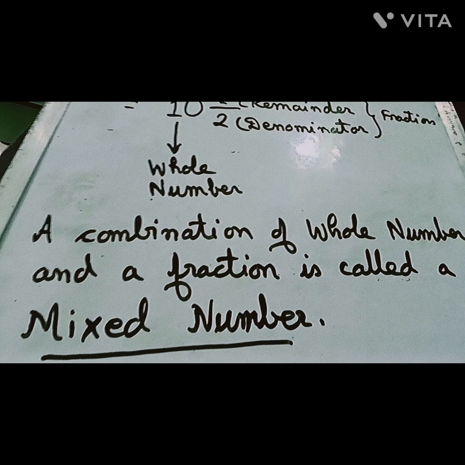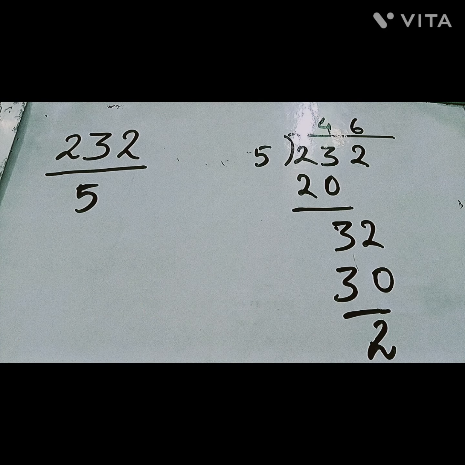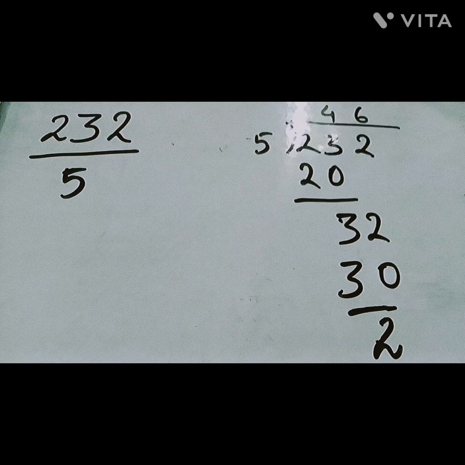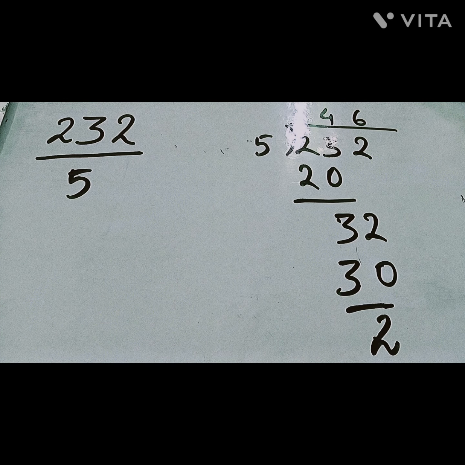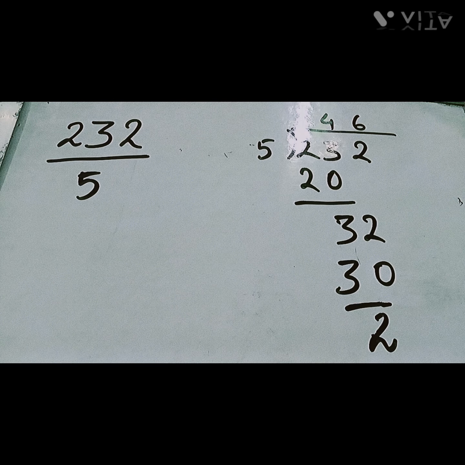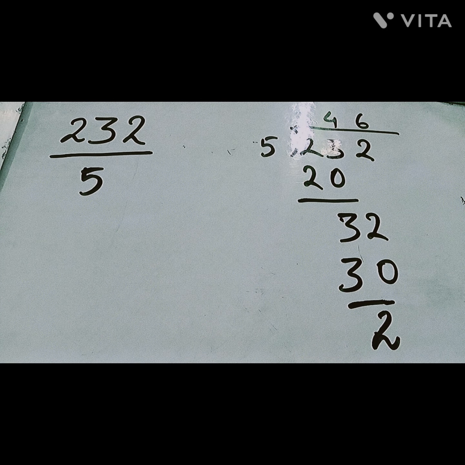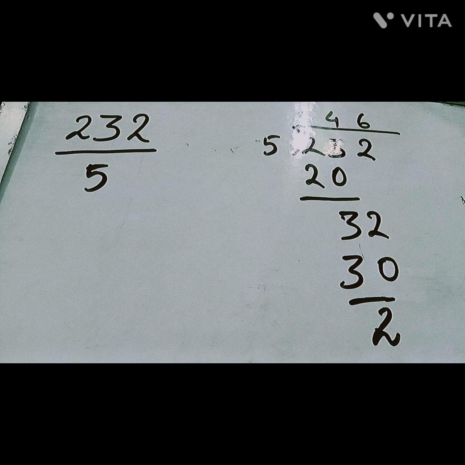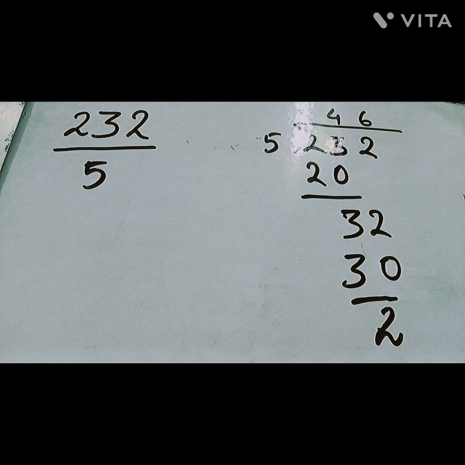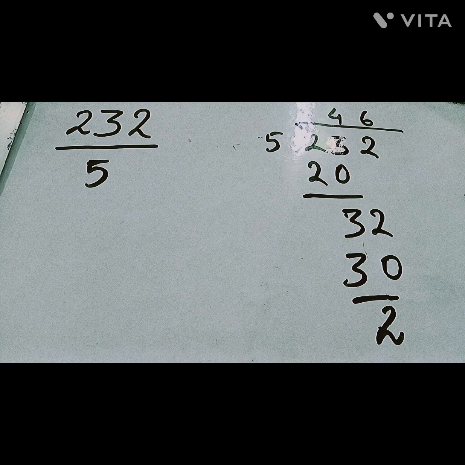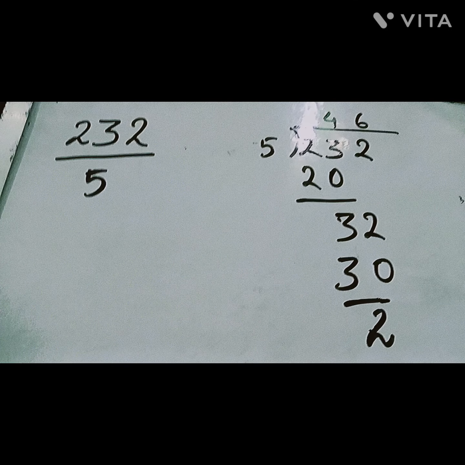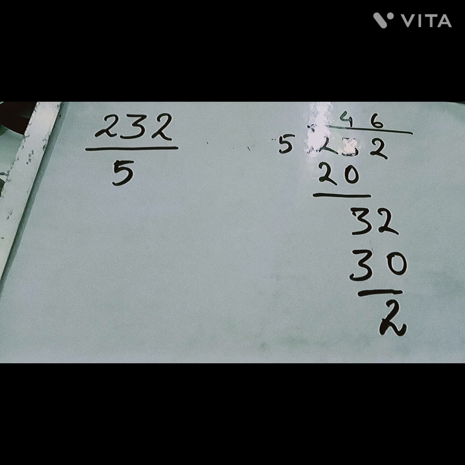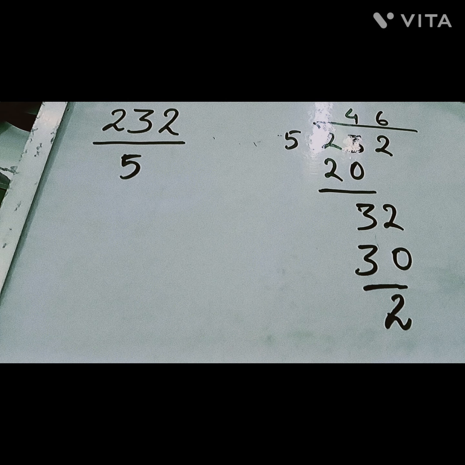Let us understand with the help of another example. Second example is 232 by 5. 232 is the numerator, bigger than the denominator, which is 5. To change an improper fraction to a mixed number, we simply divide 232 by 5. 5 fours are 20, minus, 3 is the remainder, 2 comes down and becomes 32. 5 sixes are 30, and 32 minus 30, 2 is the remainder.